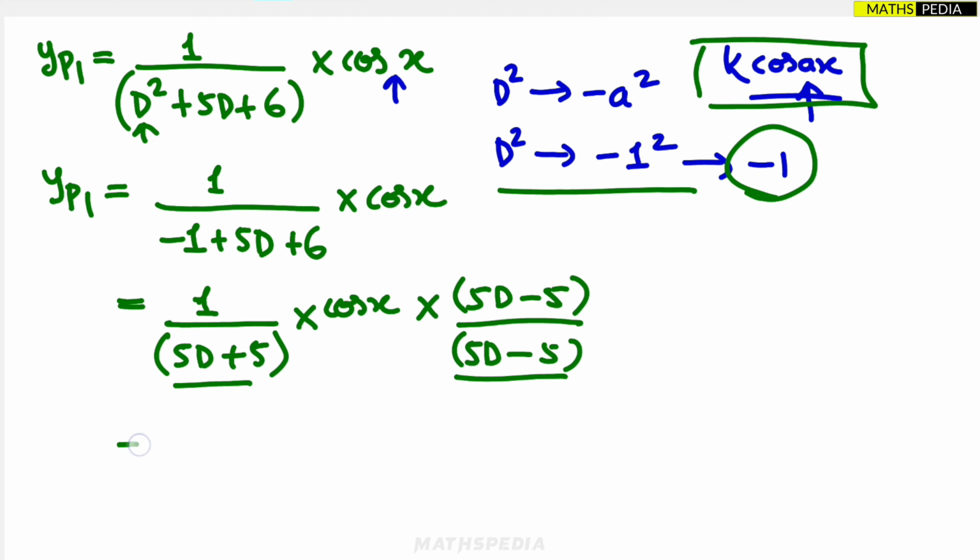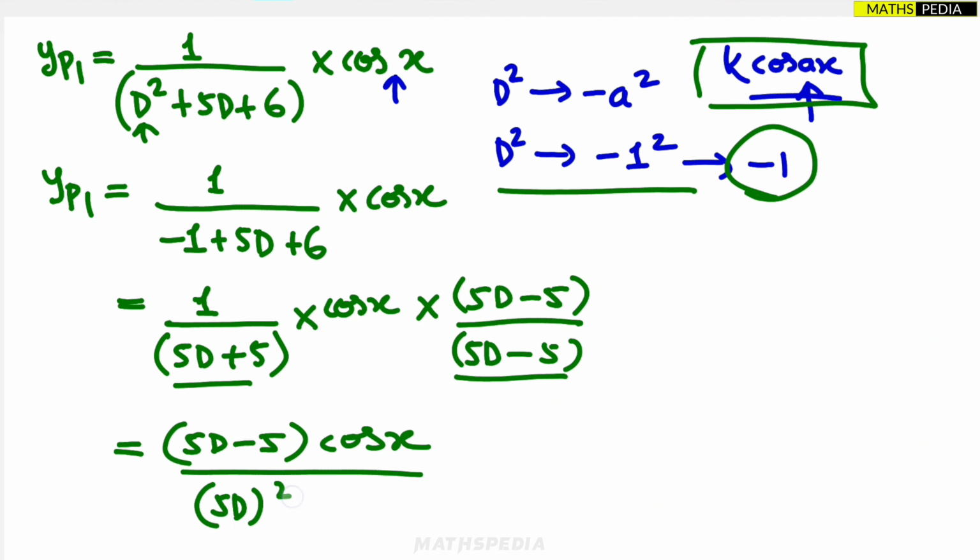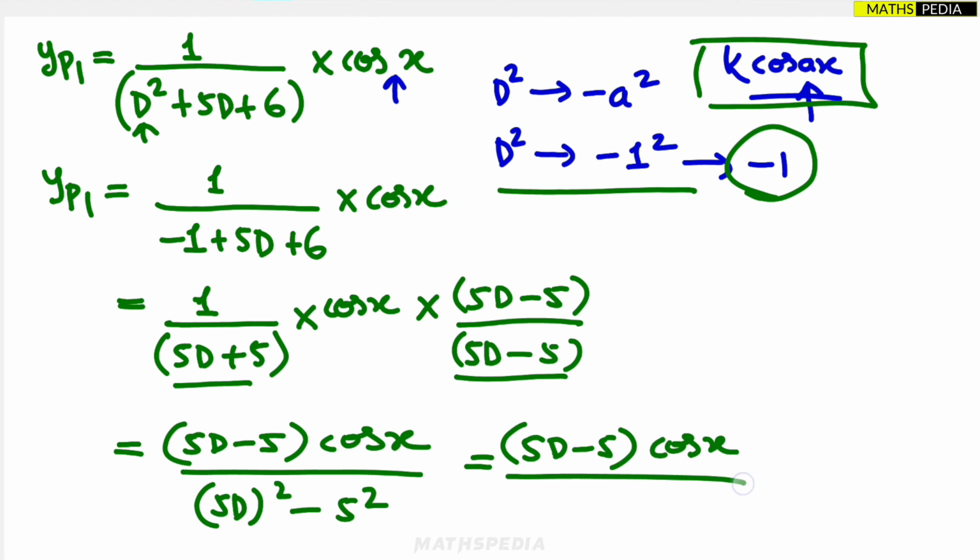So what will happen? See here, 5d minus 5 in the numerator into cos x divided by the denominator, which becomes 5d square minus 5 square, a square minus b square. So the answer will be 5d minus 5 into cos x divided by 25d square minus 25, right?